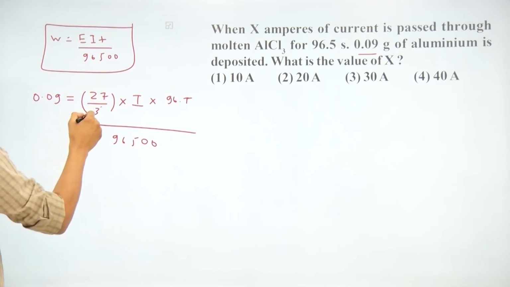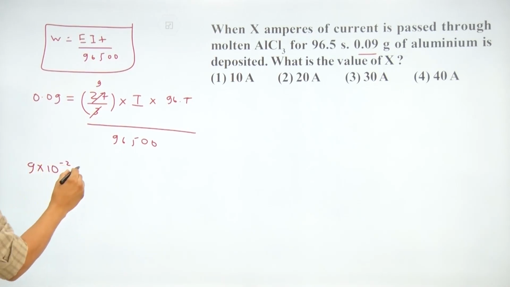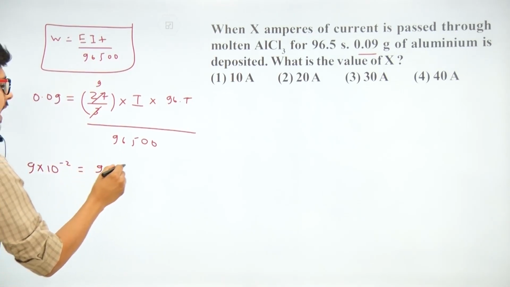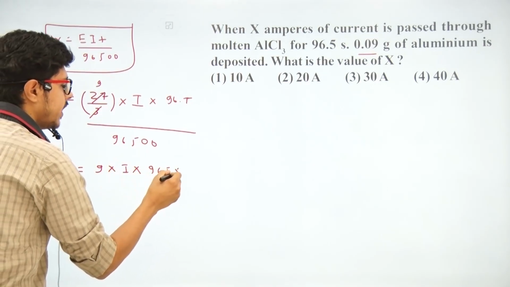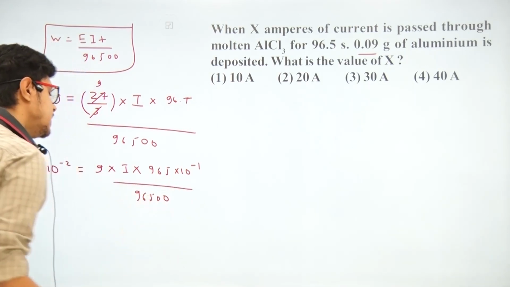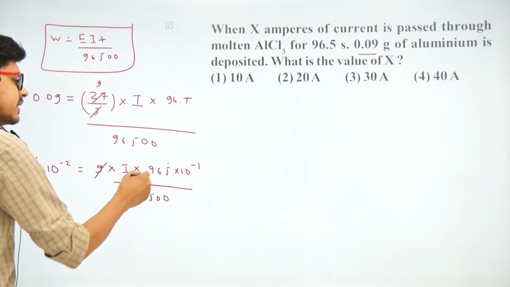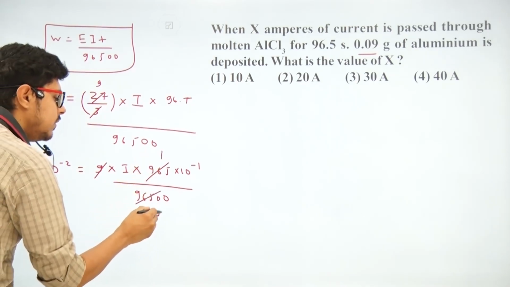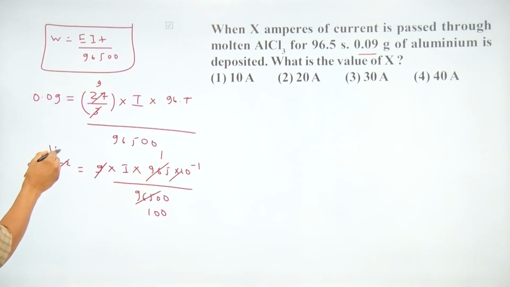Okay, so here this will be 3 ones are 3, this will be 3 nines are 27, and here I can write this as 9 into 10 to the power minus 2 is equals to 9 into I into 965 into 10 to the power minus 1 divided by 96500. Here this 9 and this 9 will get cancelled out. Here this is 965, so here it will be 100. And here this will be 10 to the power minus 1. So the remaining one will be 10 to the power minus 1.